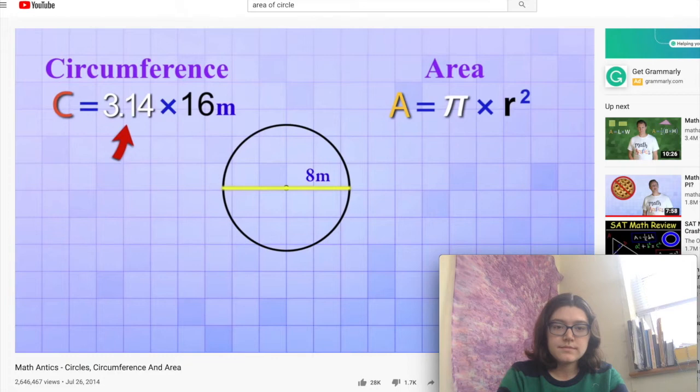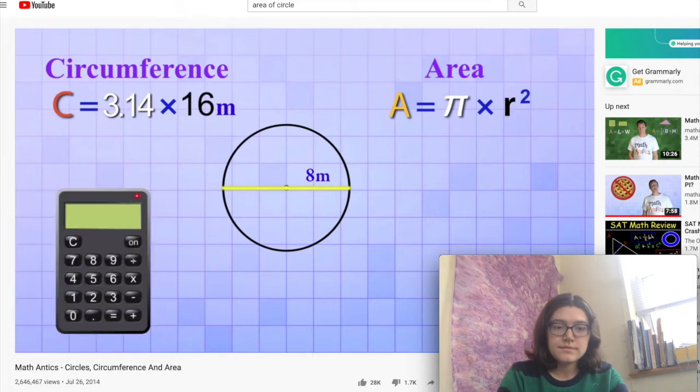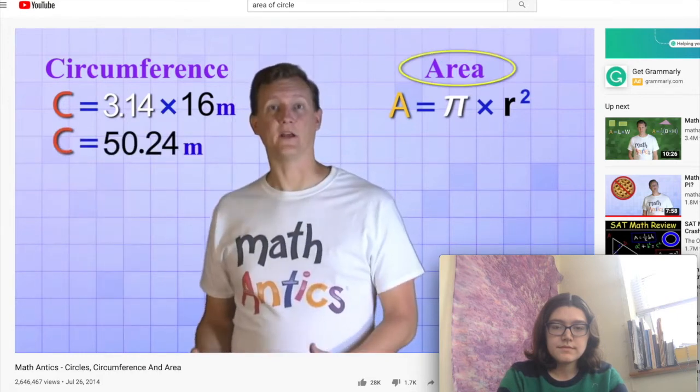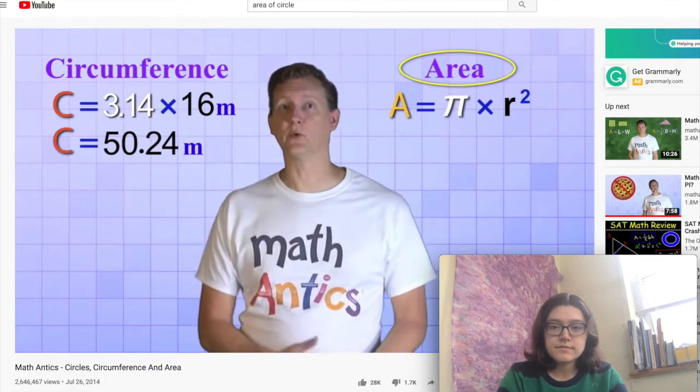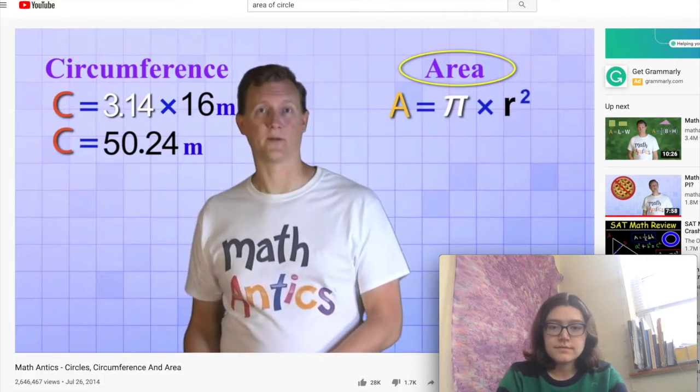Since this is decimal multiplication, I'm going to use a calculator. 16 times 3.14 equals 50.24. So that means that the circumference of this circle is 50.24 meters. Alright, now let's find the area using our formula area equals pi times r squared.